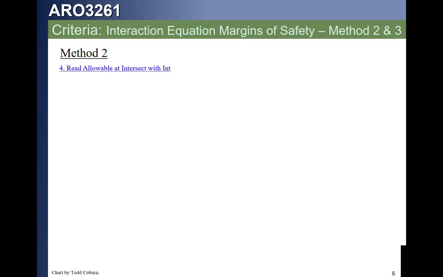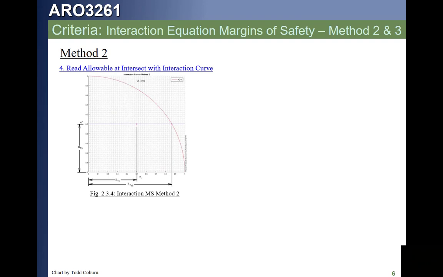Method 2. Basically, method 1, where we're checking the relative length along the hypotenuse, is the most common and most applicable for most structural loadings. However, let's say you have a load condition with two different kinds of stresses, and you know that one of those stresses, in this case the Y stress, cannot change, doesn't ever change, can't ever get bigger.